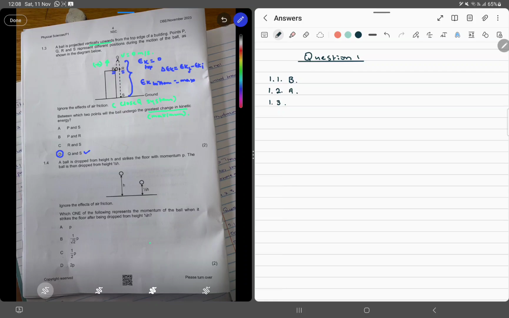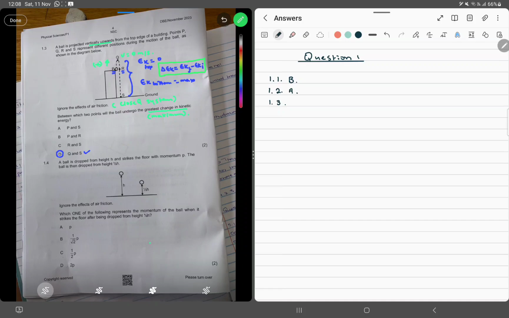Right, so the greatest difference here is what will guide our answer. And we can see we get the greatest difference when we take nothing away from the final kinetic energy. But with the other points, except Q, we have some kinetic energy, and so the difference is not going to be the greatest. So that's the understanding.